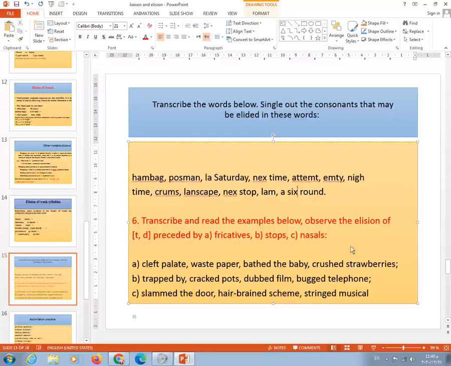This rule says that when T and D come after a fricative, stop consonant, or nasal consonant, we don't pronounce them. But I want you to widen or generalize the rule more than that, and say that whenever we have 3 consonants either within a word or at word boundary, between two words, please help yourself and save yourself a lot of headache and heartache and time and effort, and get rid of this pronunciation burden and drop the medial consonant. Guys, the consonant in the middle, please don't pronounce it.